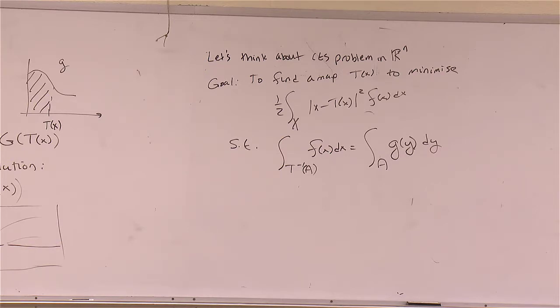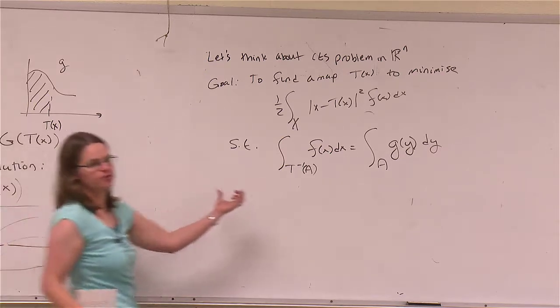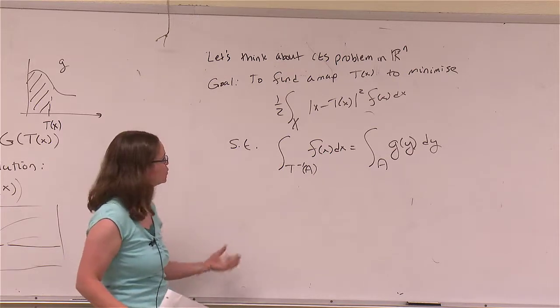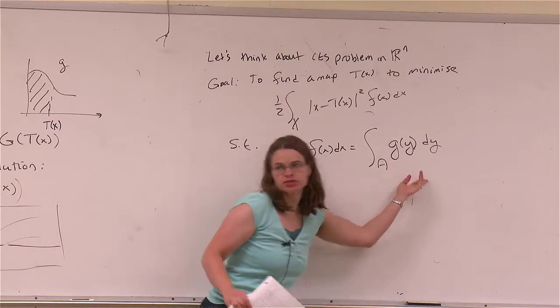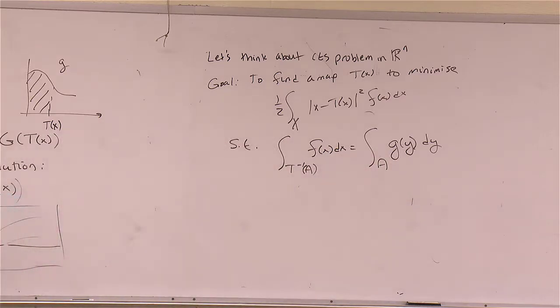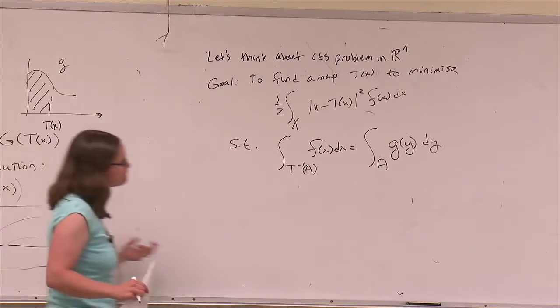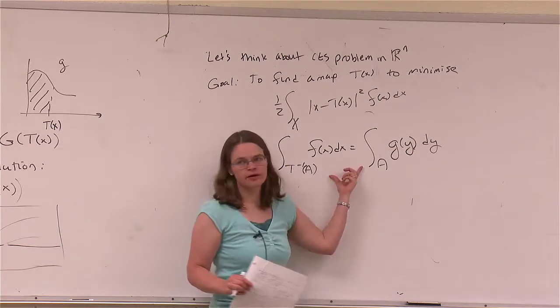Right, this was the condition on the push forward of the map T. That the push forward of T turned F into the density G that we wanted. Okay, again, just like we did in 1D, we want to try to characterize things a little bit, learn some more properties of what the solution might look like. So let's start here.